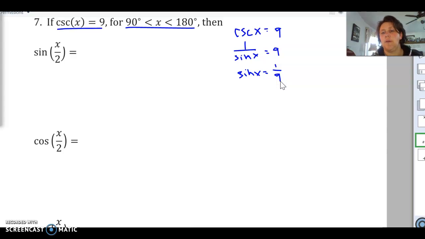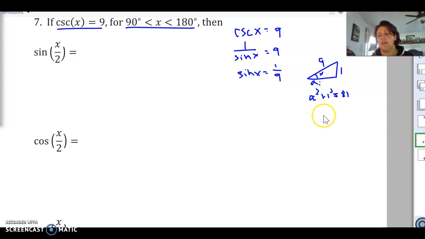Alright, now remember our handy dandy little reference triangle that we can use with, let's say, this angle being x. This side length is going to be 1, and our hypotenuse is going to be 9, because we know that sine is the opposite over the hypotenuse. And so now let's figure out what this side length a is equal to. Well, we could say a squared plus 1 squared equals 9 squared, or let's just say 81.